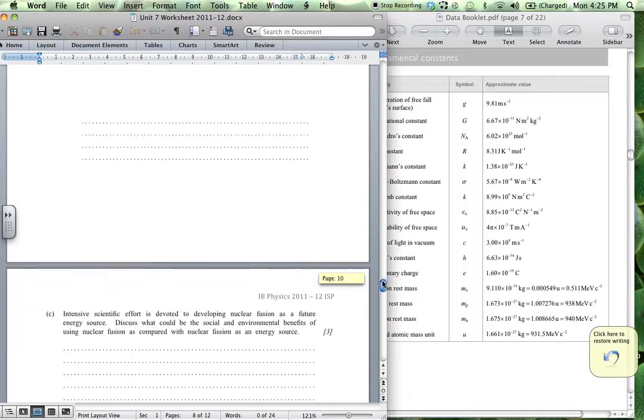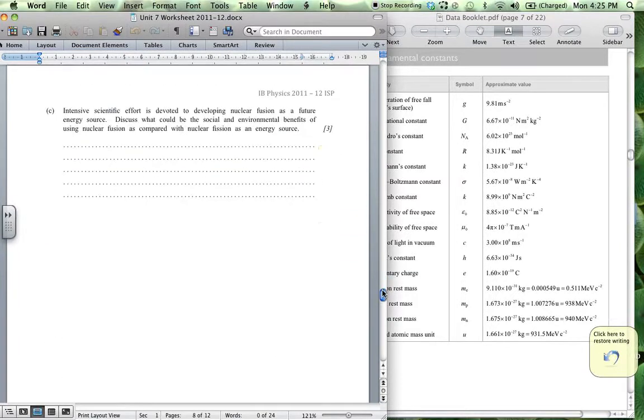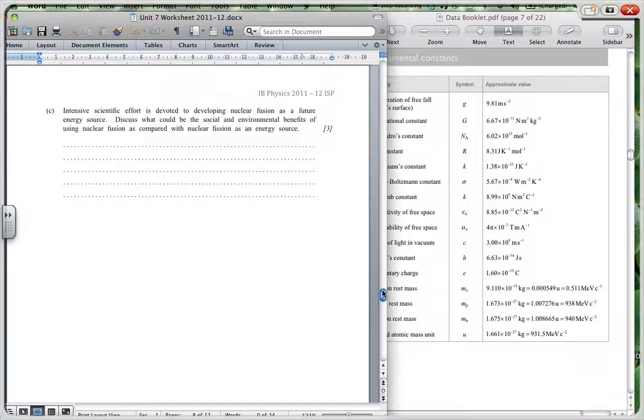Finally, here we look at the idea of fusion. It says intensive scientific effort is devoted to developing nuclear fusion as a future energy source. Discuss what could be the social and environmental benefits of using nuclear fusion as compared with nuclear fission.